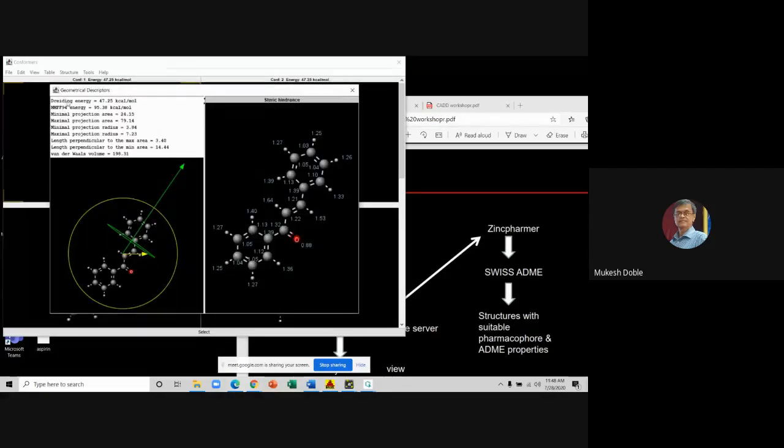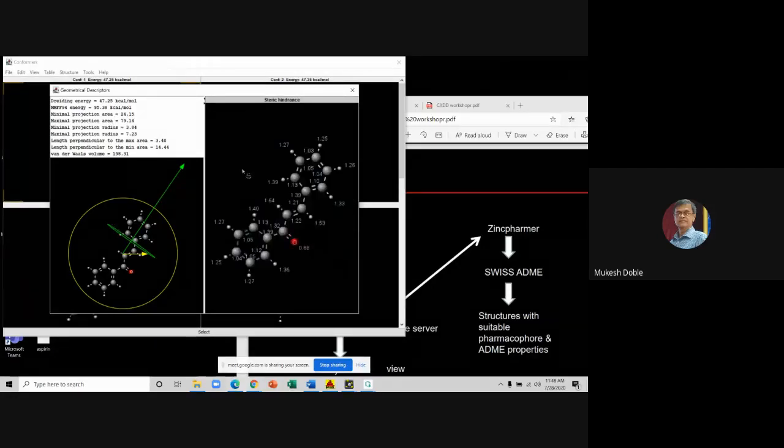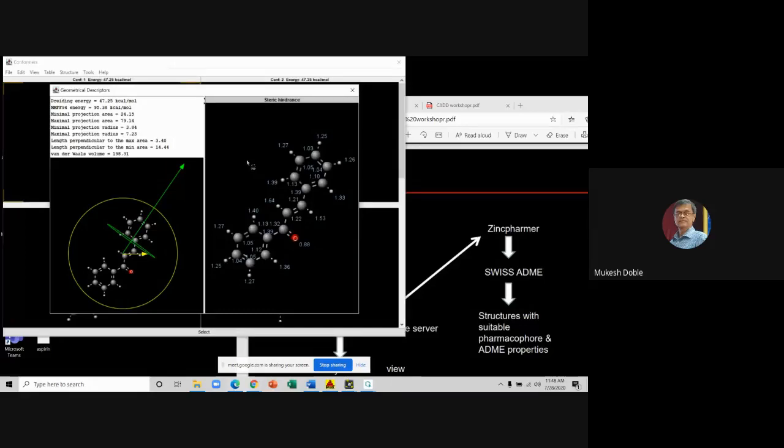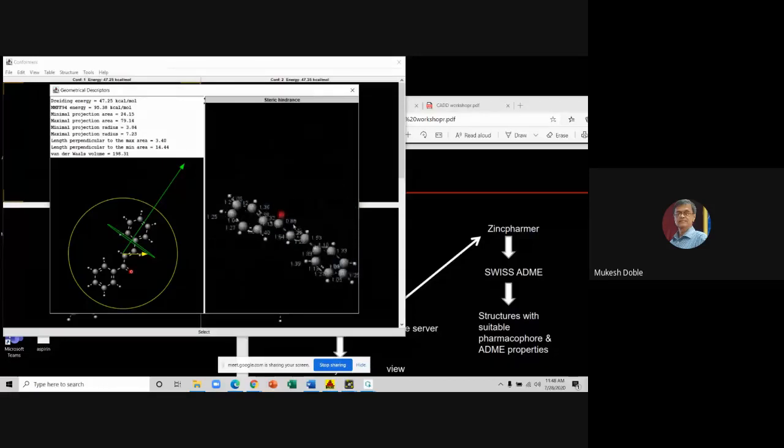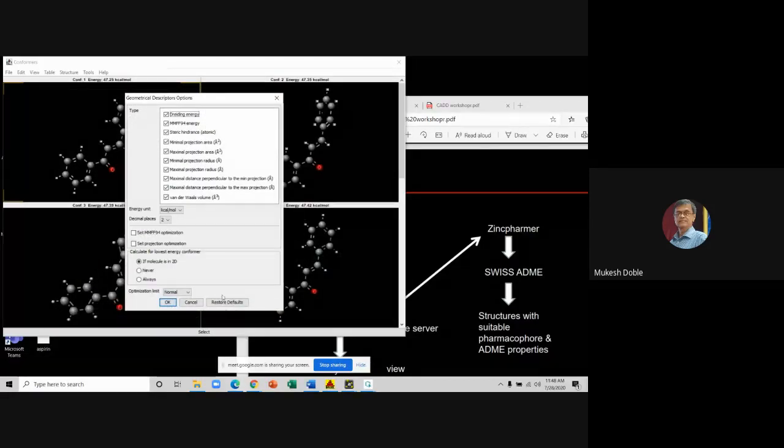It gives you a lot of other properties: projected area, length, perpendicular, so many other properties. They are called geometric properties. Van der Waals volume, again, volume is useful if you are talking about a drug going and binding to an active site. So the active site volume and drug volume should match. Okay, so those are all called geometric descriptors or geometric properties.